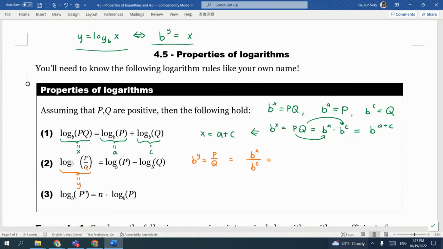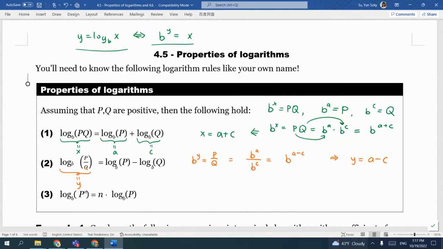If we have b to the a divided by b to the c, this is b to the a minus c. Do you remember the exponent rule? b to the a over b to the c is b to the, so it's the same base, and the exponents we subtract. Because they have the same base, we have y equals a minus c.